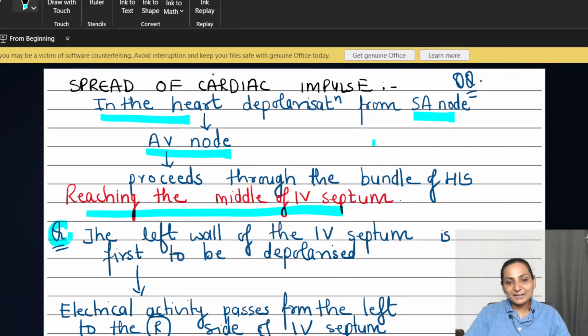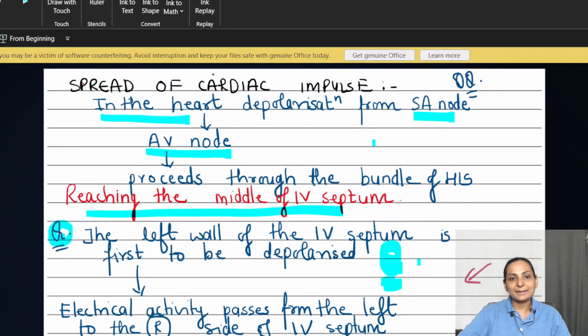Now this is very interesting, that the left wall of the interventricular septum is the first to be depolarized. So this also becomes my MCQ. The left wall of the interventricular septum is the first to be depolarized. Now this electrical activity will cross like this, okay, from left to right.